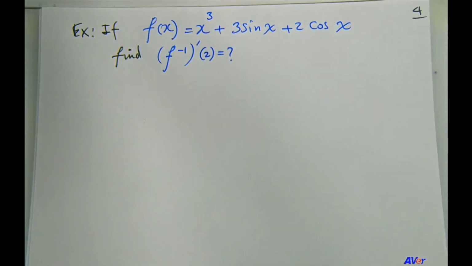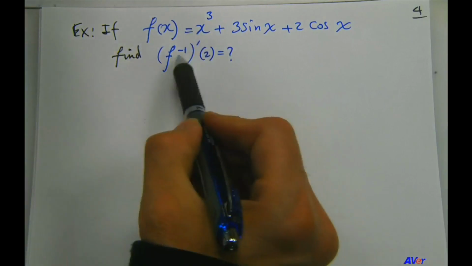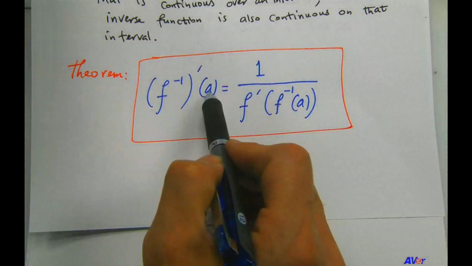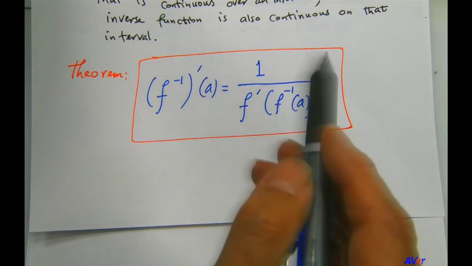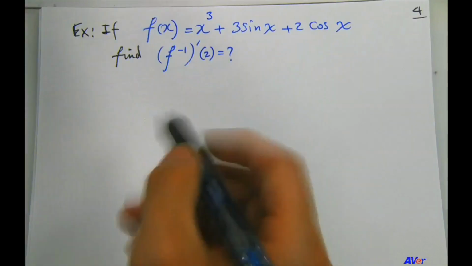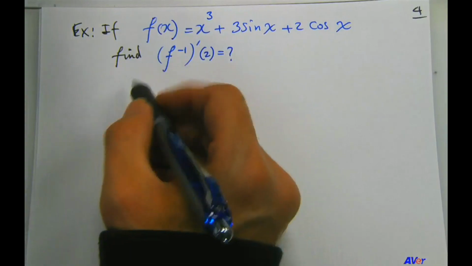If we bring back that formula, the derivative of the inverse function at some a, which in this example is 2, would be equal to that. Let me adapt this formula for our particular example.